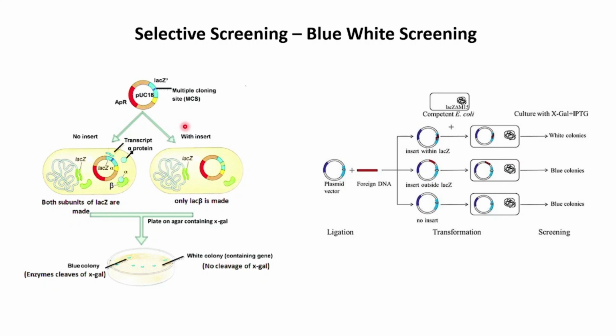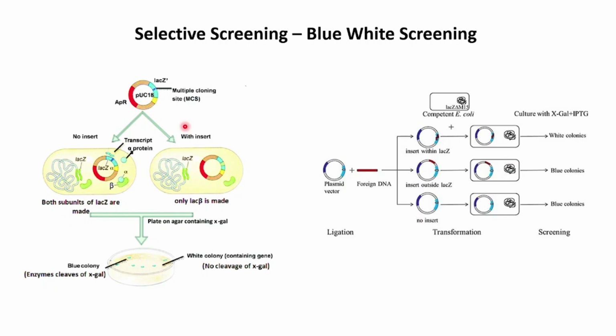So if we are trying to incorporate a gene into the plasmid, we'll amplify the gene, and we'll cut the gene with a particular restriction enzyme. We'll also isolate the plasmid from the bacteria, and cut the plasmid with the same restriction enzymes.